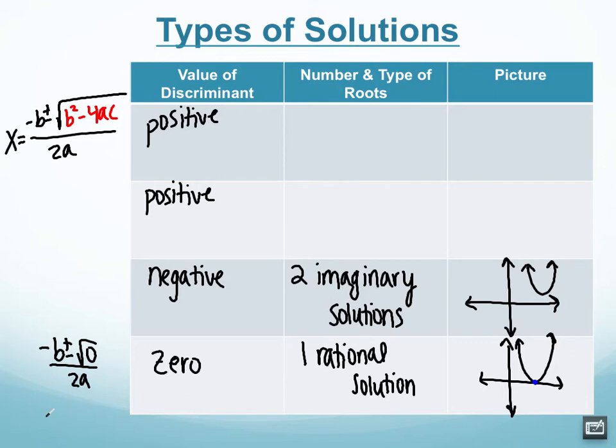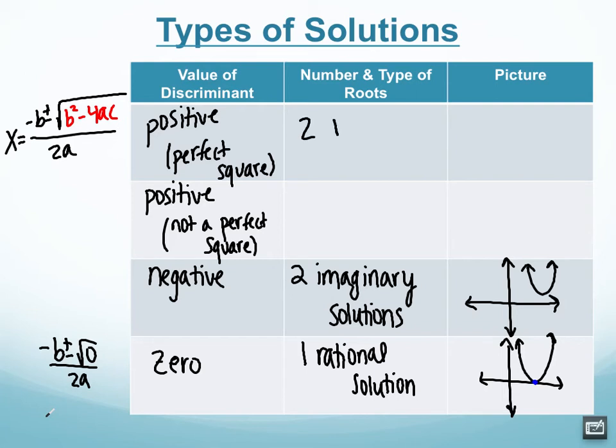Okay, for positive, the discriminant is either a perfect square or it's not a perfect square. If the discriminant is a perfect square, you will have 2 rational solutions.